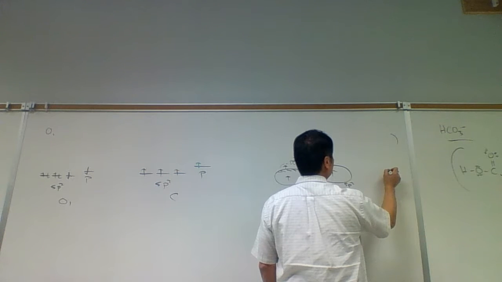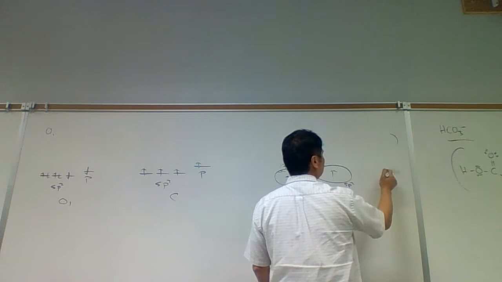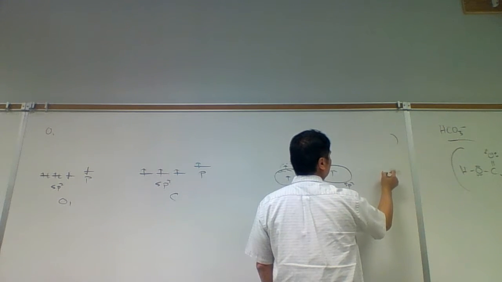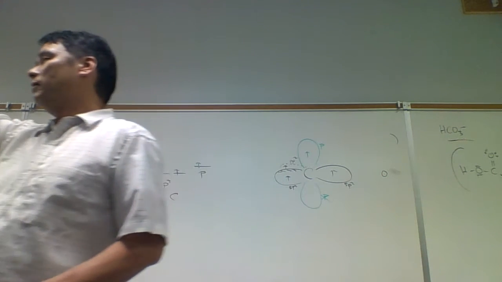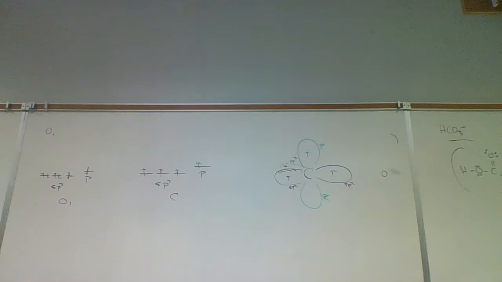Oxygen has an sp2. Oxygen's sp2 bigger or smaller than carbon's? What do you think? Bigger. Well, what happens is you go from left to right across. Do things get bigger going this way or smaller? Yeah, oxygen sp2 is going to be smaller.